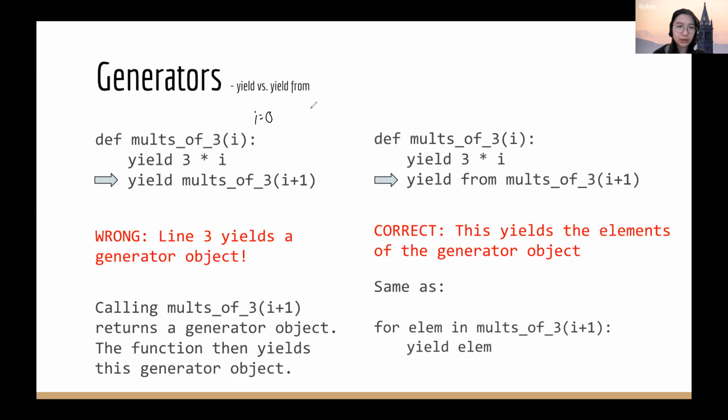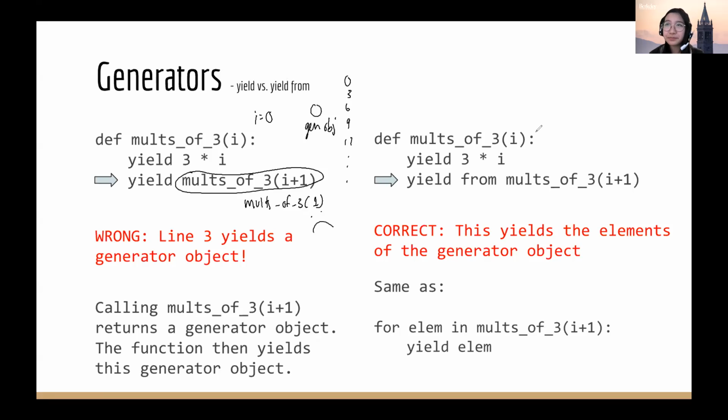Let's say i is 0, we'll yield 0. And then quick check in the chat again. What's the next thing we're going to yield? What is mults of 3 i plus 1 or mults of 3 1? It's going to be a generator object. So this is not what we want, right? Because we want it to yield 0, 3, 6, 9, 12, etc. We don't want to yield this generator object. So we're unhappy with this.